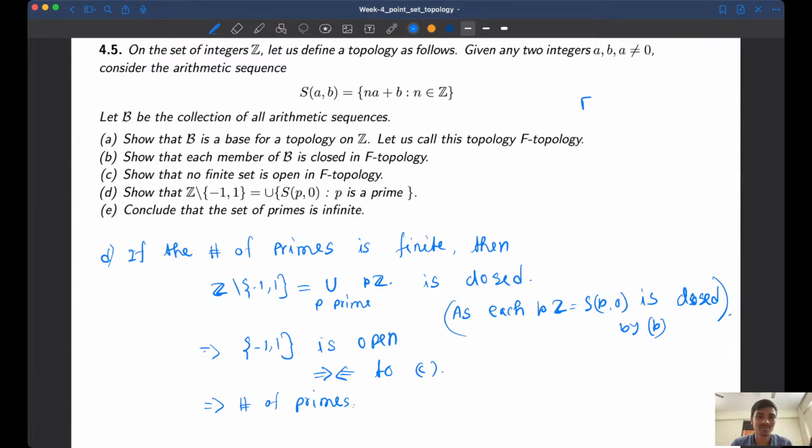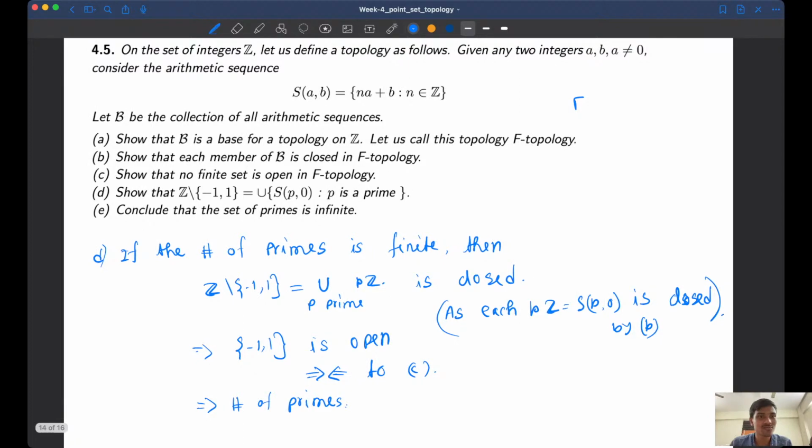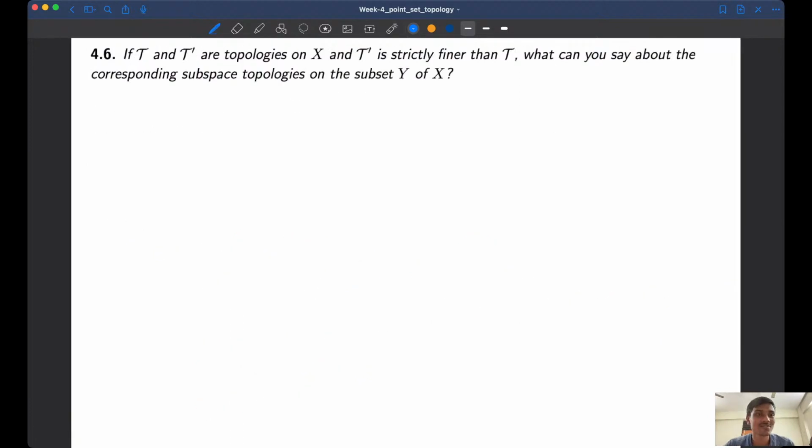Okay, the remaining ones are mostly easy. Suppose you have two topologies tau and tau prime on X, where tau prime is strictly finer than tau. What can you say about the corresponding subspace topologies on a subset Y of X?